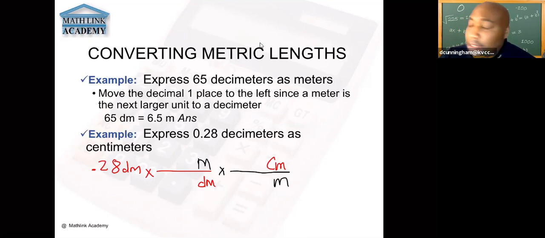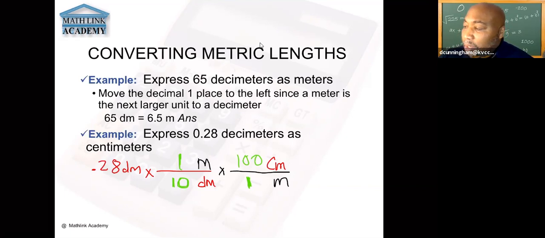Yes, we just did that. So we know that 10 decimeters equals 1 meter. We also know that 100 centimeters equals 1 meter. In this case, I'm going to do some cross multiplication.